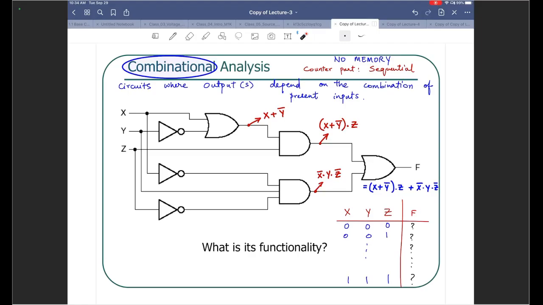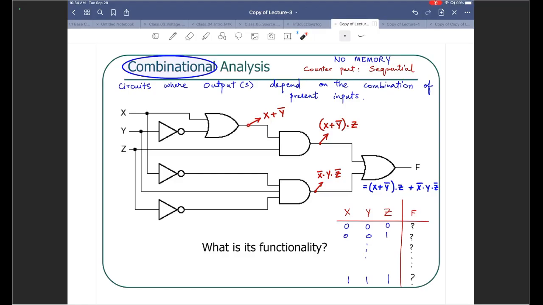Now if you were asked to find its functionality, say for example, to fill out the truth table, one way of doing it would be to assume one sequence of inputs and then track all the way to the output and then fill the column for the output F. But that usually takes a long time and it is unnecessary, because what you can do instead is to write intermediate logic expressions.